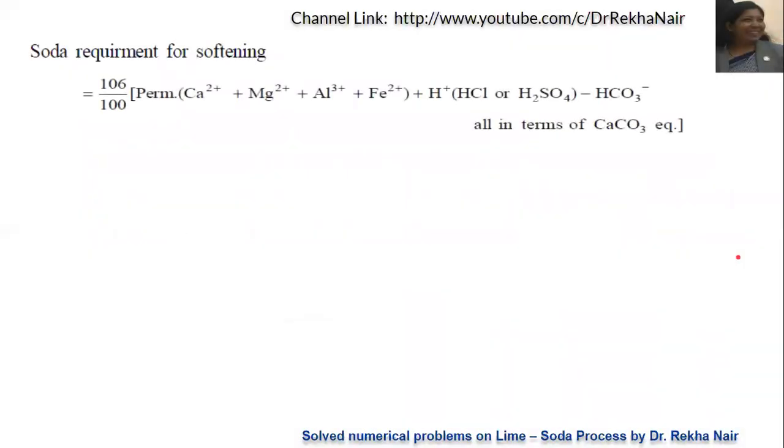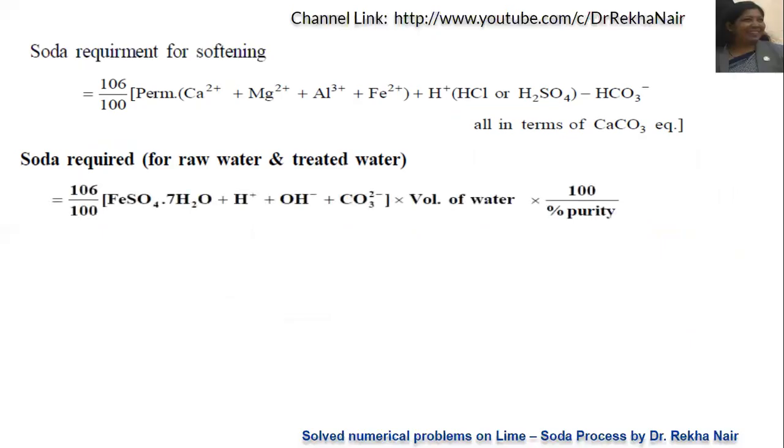Now, we have considered OH minus in lime requirement, okay, and in case of soda requirement, both OH minus and carbonate must be considered. This also I have explained in the previous video, that treated water, if it contains OH minus, it means that we are putting excess amount of lime, and it contains carbonate in excess means we have already put soda in excess.